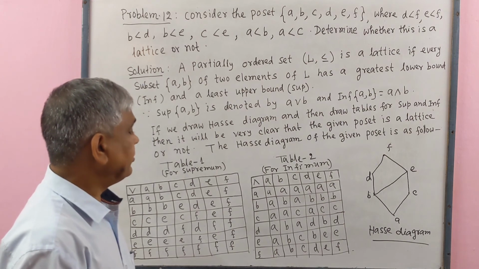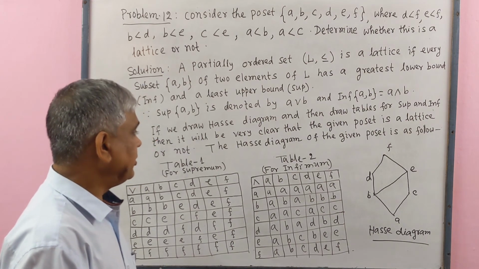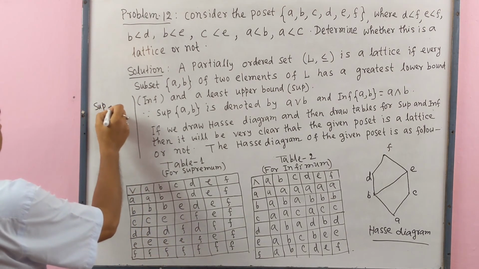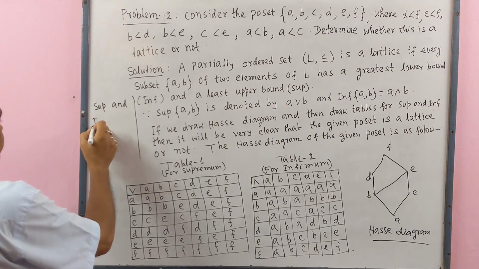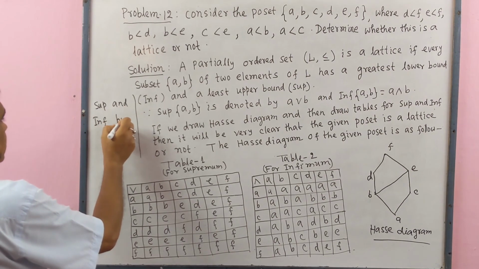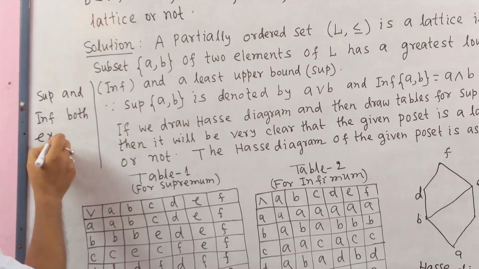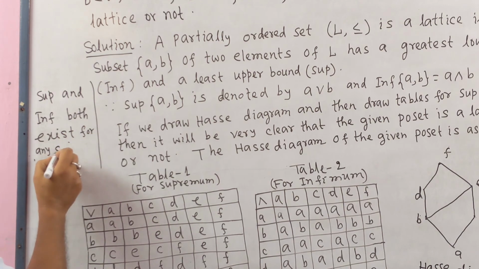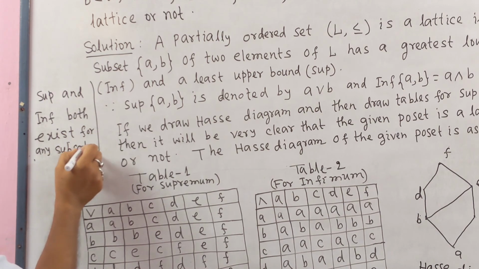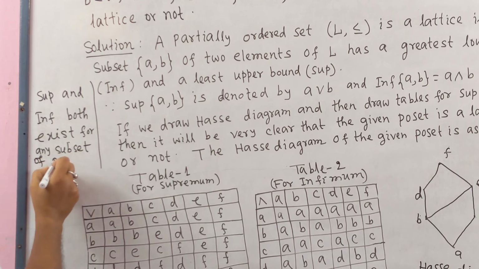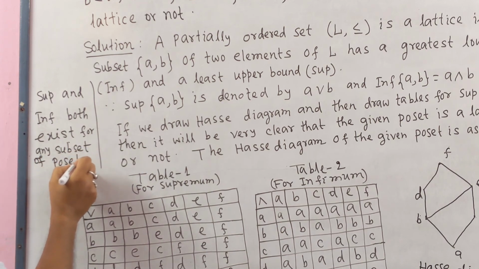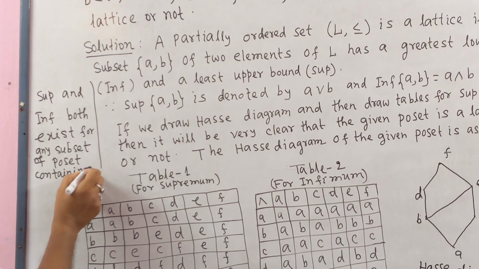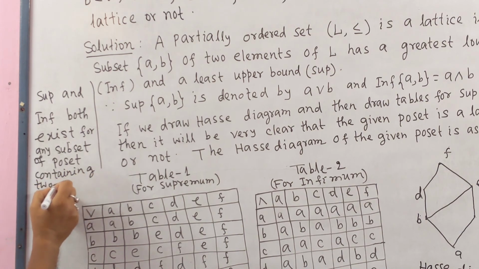So the supremum exists and the infimum exists. Therefore, supremum and infimum both exist for any subset containing two elements.